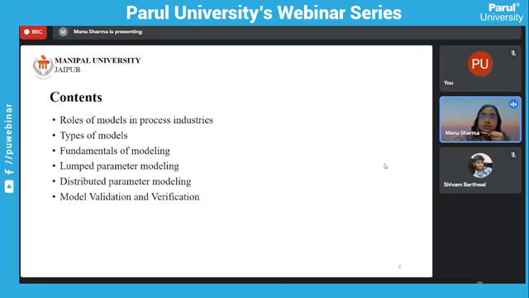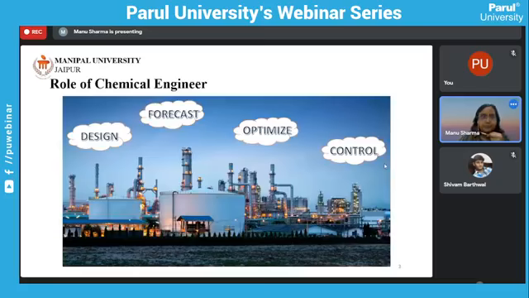Then what are the simulation strategies, how the simulation strategies are decided, what are the different kinds of models we will be discussing, and the other steps after the model has been simulated, what are the necessary steps that we need to follow, that we will also discuss over here.